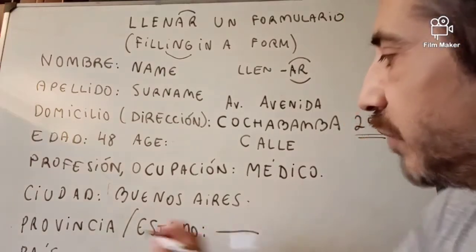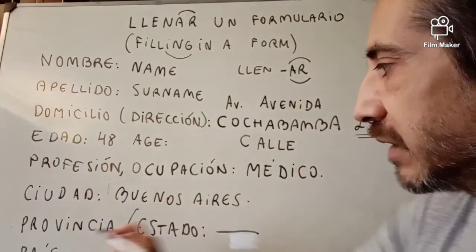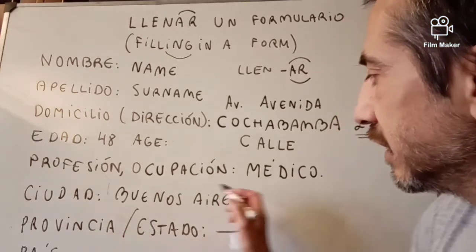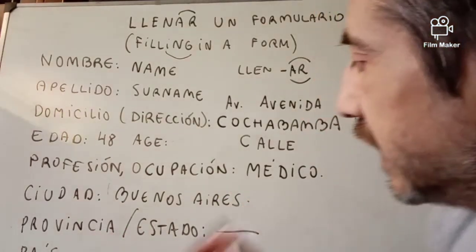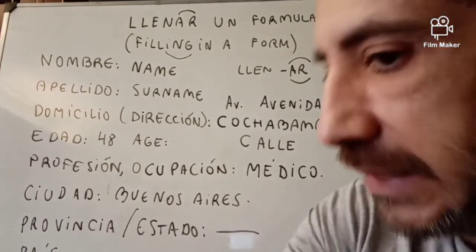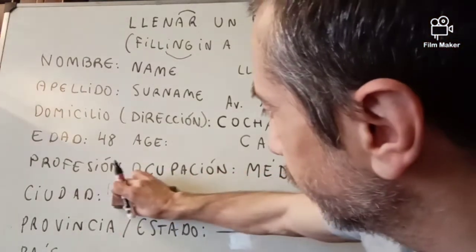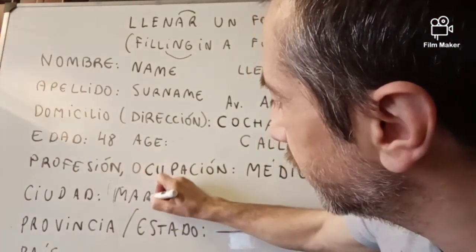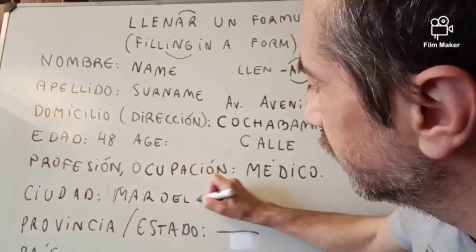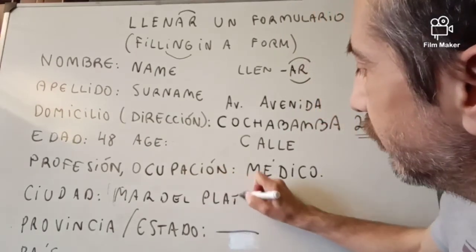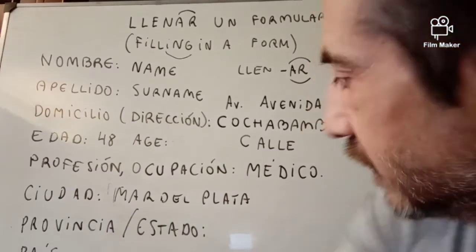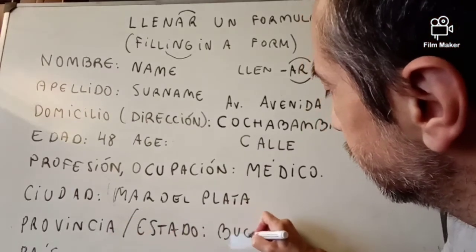information in provincia, estado. Provincia, province, estado, state. But if it were a city like the one I live in, Mar del Plata, it's in the province of Buenos Aires. Buenos Aires.